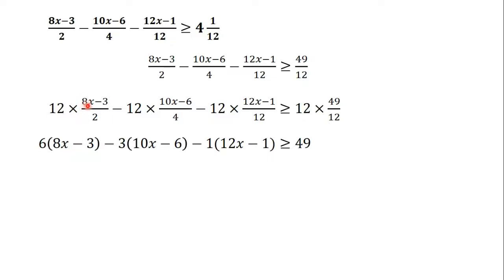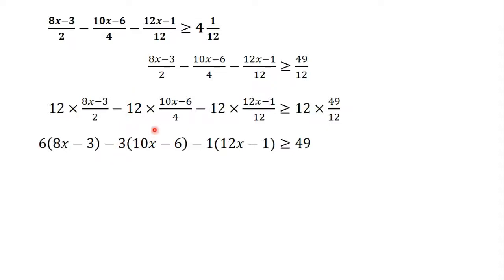Here 8x minus 3 is a binomial, 6 is a single term. So if it's multiplying a binomial, you have to put the binomial, which is 8x minus 3, in a bracket. Once again, watch the video on multiplication of algebraic expressions and you will understand very well why we are putting 8x minus 3 in a bracket.